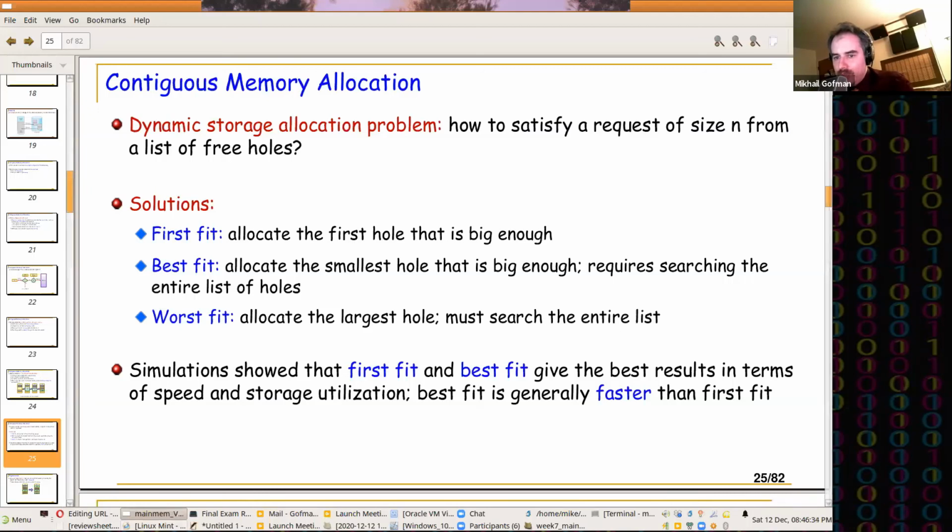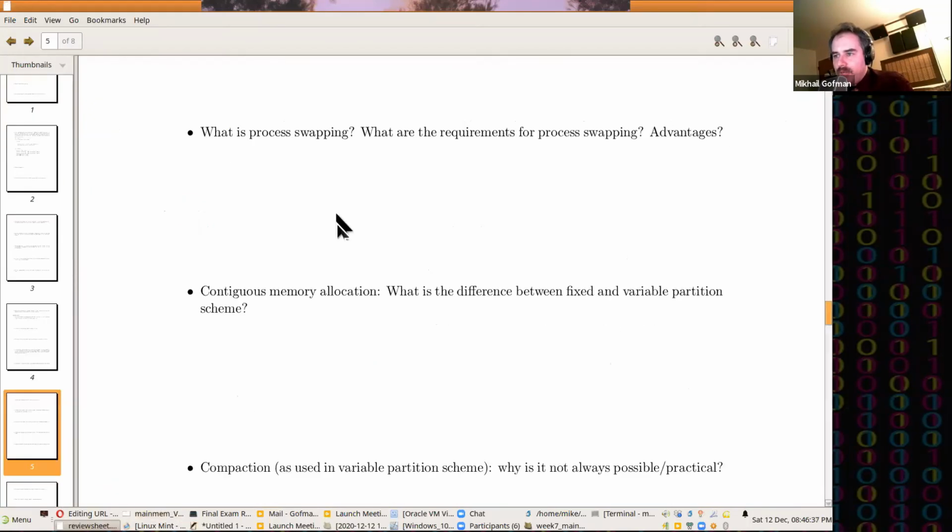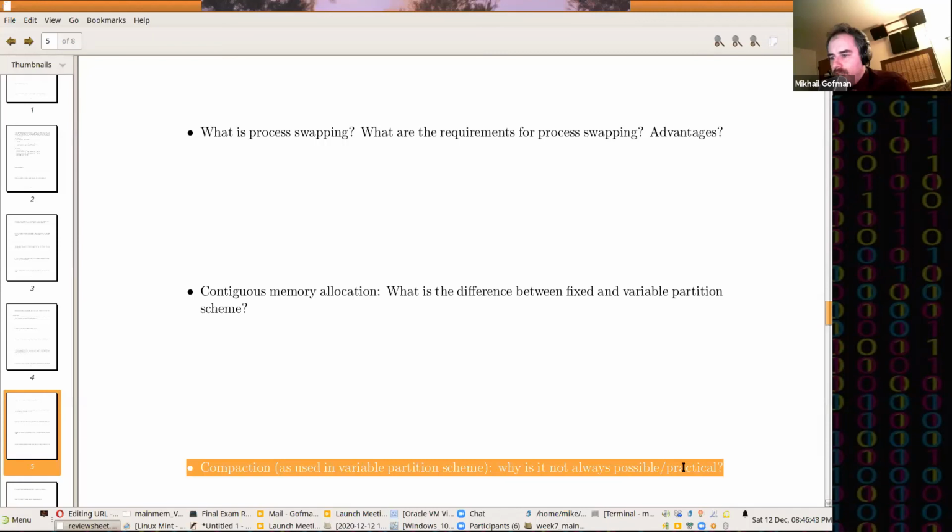Now, the next question asks us about compaction. Compaction is used in the variable allocation scheme.